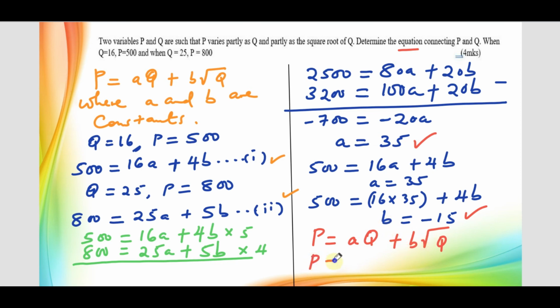So P will be given by 35Q minus 15 root of Q. So that is how we're supposed to do it.